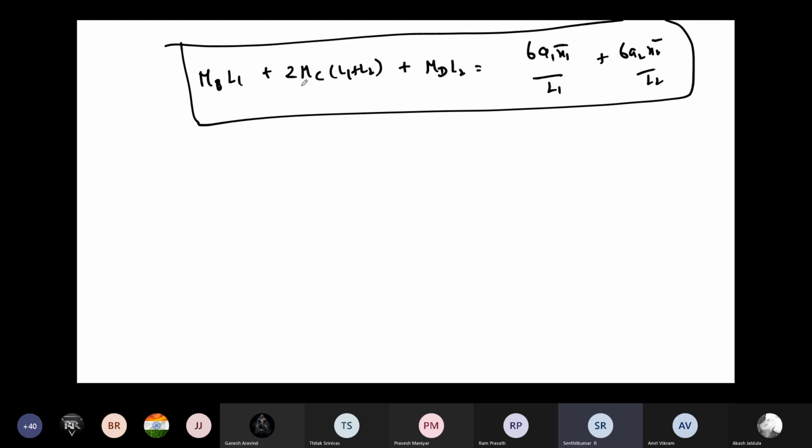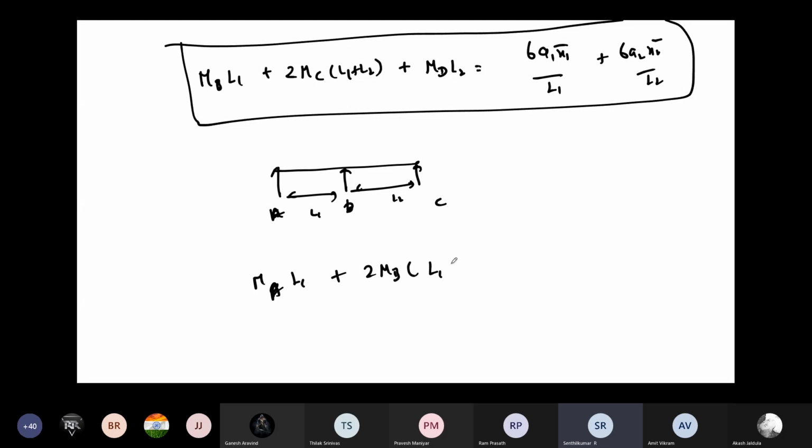It's like a square plus b square plus 2ab. Same kind of thing only. So for example, if I'm having A, B, C, this is L1, this is L2, my equation will become MA L1 plus, center support, 2MB (L1 plus L2), third support MC L2, which is equal to, again, the same.